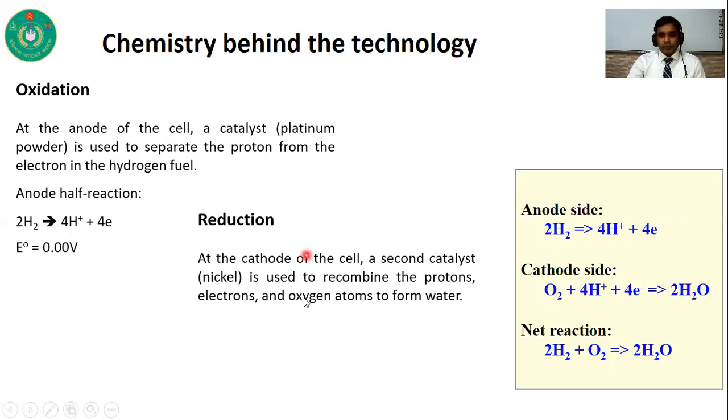And in reduction, at the cathode of the cell, the second catalyst we use is nickel. I repeat, at the anode we use a platinum catalyst, and at the cathode we use a nickel catalyst. And due to the presence of the nickel catalyst, at the cathode, proton, oxygen and electron recombine with each other and form water molecules.